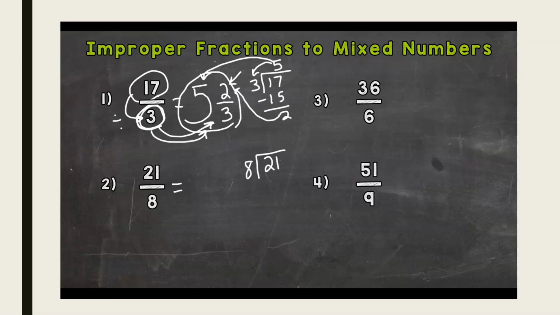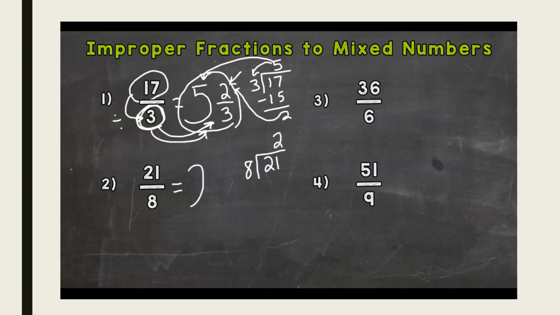Once you get good enough at these and you're very comfortable with them, you won't need to write out the division problem. Some of you may be to that point already. So 21 divided by 8. How many whole groups of 8 can we pull out of 21? Well, 8, 16, 24. 3 groups is too many, so it's only going to be 2.